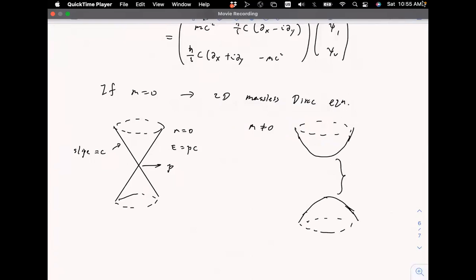And this gap size, with this part is plus mc squared, and this part is minus mc squared. So the total gap size is 2mc squared. Eventually this m will be related to the curvature of the band. And the whole band gap will be 2mc squared.